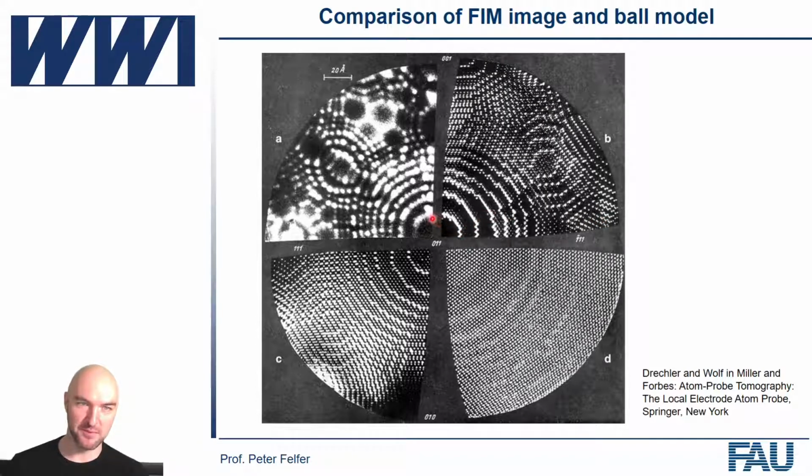You can see that the field ion image resembles this ball arrangement actually very well. If you look at details here, you can see that it's maybe not exactly reproduced, but for the most part, most greater features are reproduced fairly well. So you get a pretty nice image of individual atoms on the tip.